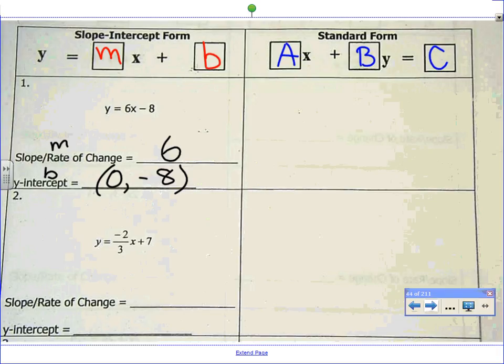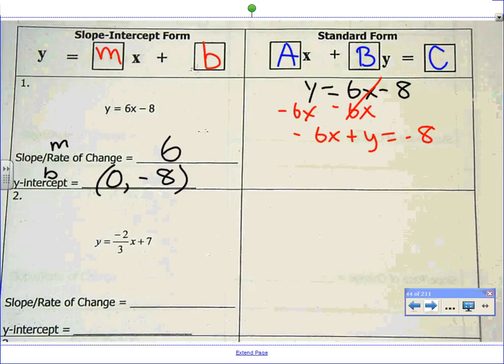Okay, now let's convert to standard form. I would, just like Miss Wingrove did when she went over these today and yesterday, rewrite the slope-intercept form on this side of the box, and then let's convert it to standard form. Move the x to the other side. So we have -6x plus y equals -8.